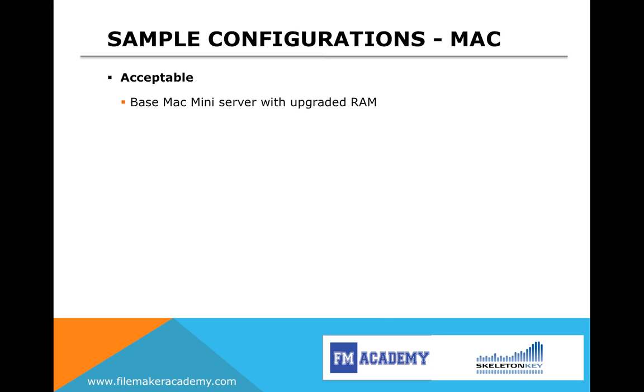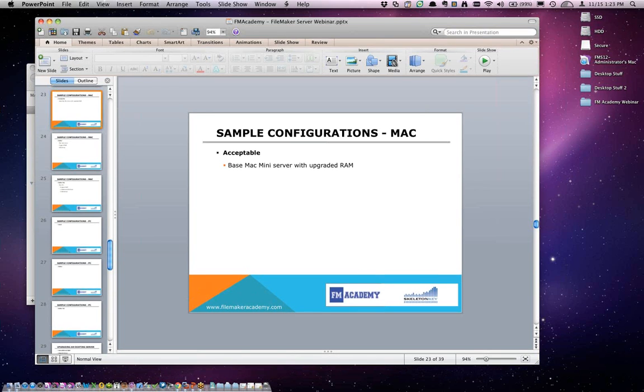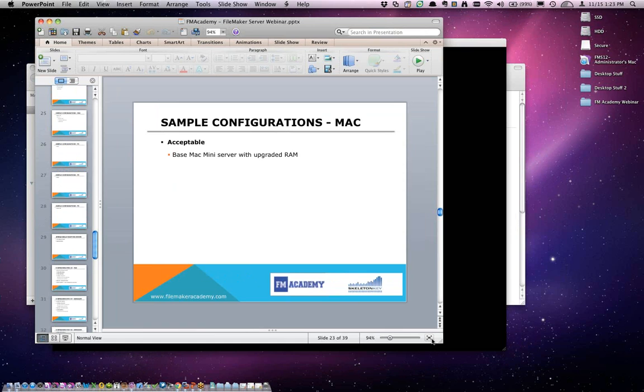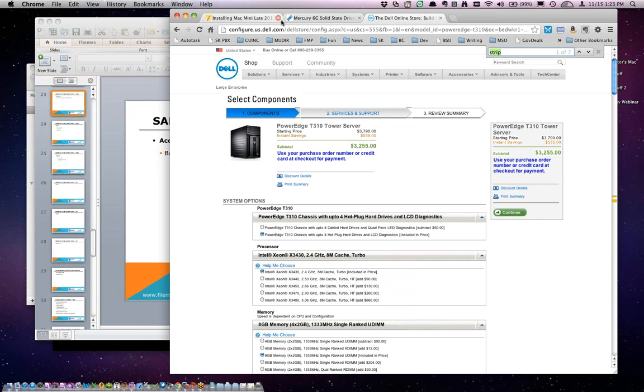All right. So let's look at something besides just some PowerPoint slides here. I apologize that this topic does not necessarily lend itself to a whole lot of show and tell, but we'll do as much as we can. Let's take a look at some sample configurations of both Mac and PC servers here.